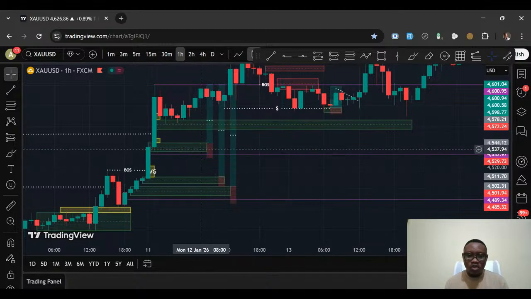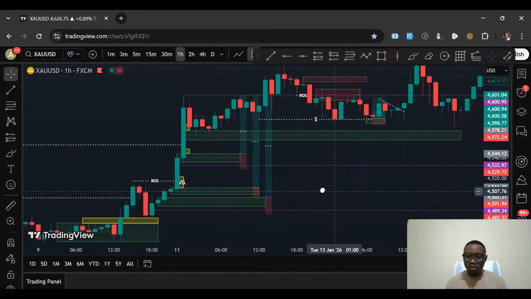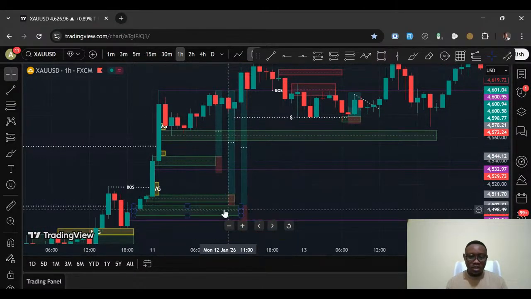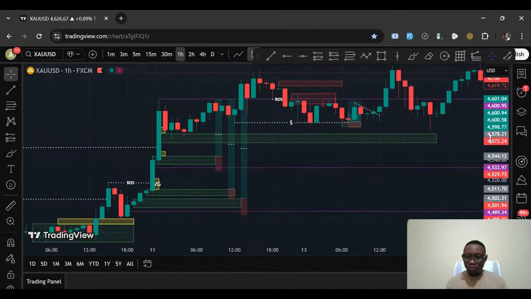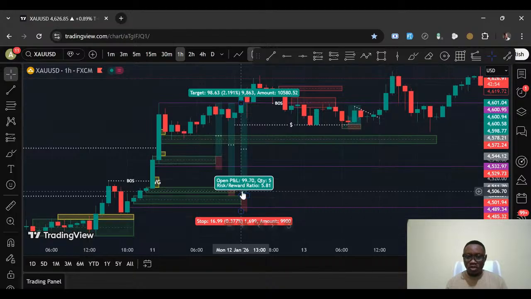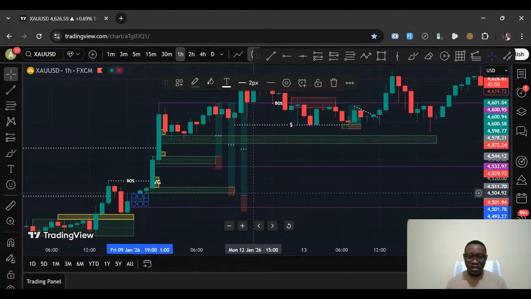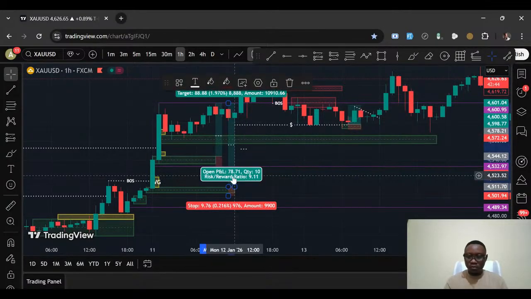So these were the zones we marked in the live session we had on Monday. If you look at it, price didn't get to this zone. We'll wait for price to get to this zone, probably in the future. For now, let's just minimize the zone and take out the position.